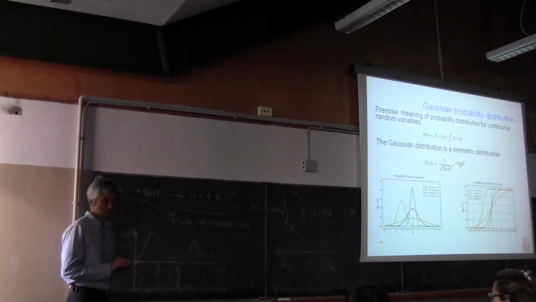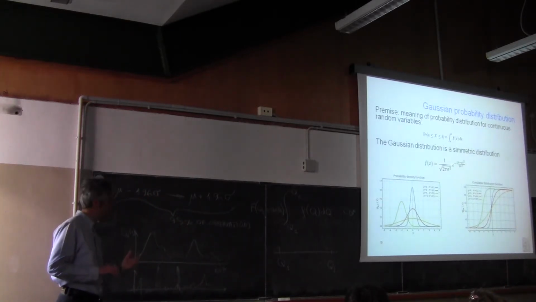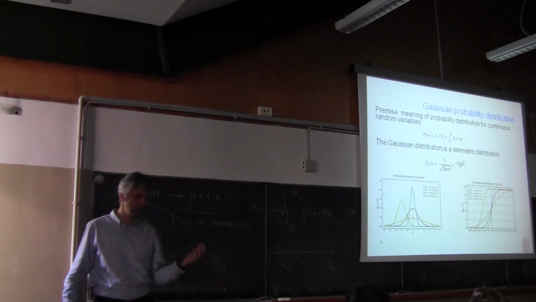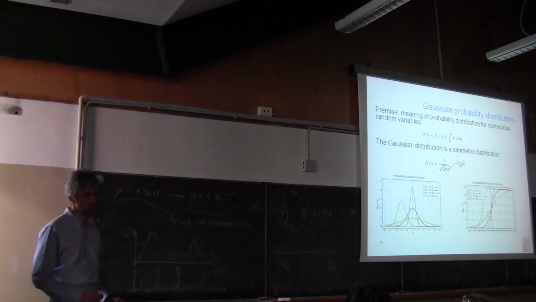In more technical terms, in this range you have 95% of the probability to locate an observation.